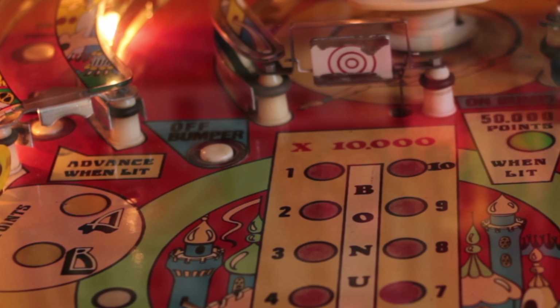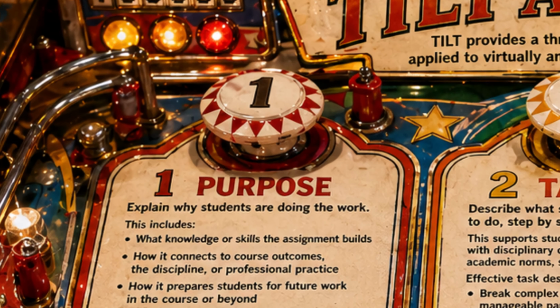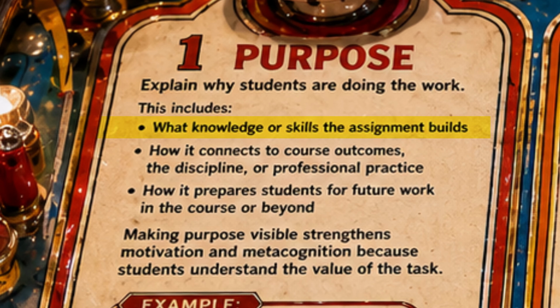At its core, TILT provides a 3-part framework that can be applied to virtually any assignment or learning activity. 1. Purpose. Explain why students are doing the work. This includes what knowledge or skills the assignment builds, how it connects to course outcomes, the discipline, or professional practice, and how it prepares students for future work in the course or beyond.